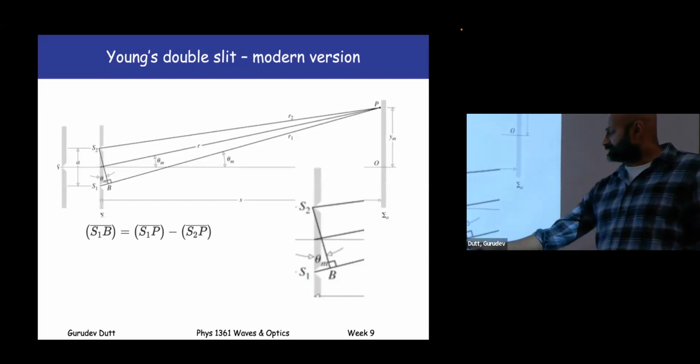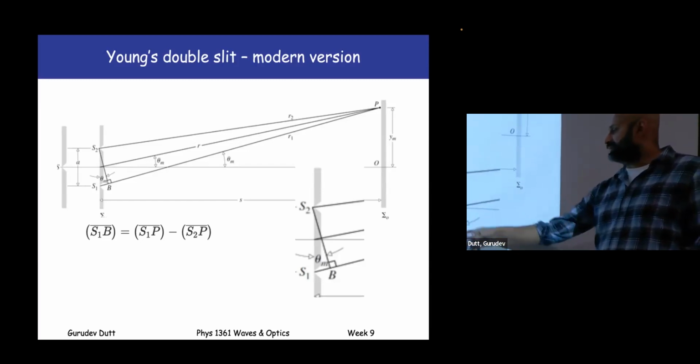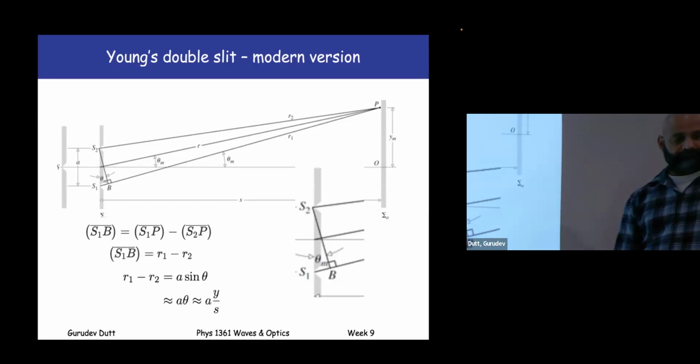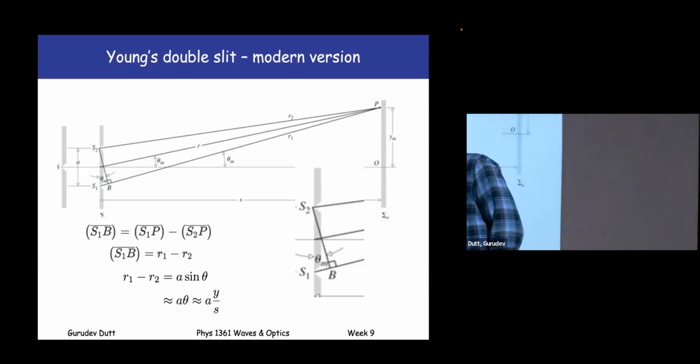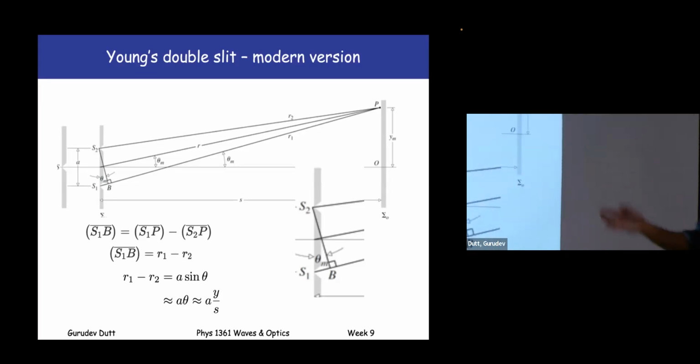And so in this triangle, sine theta is just this distance S1B divided by A, the hypotenuse, and therefore R1 minus R2, which is S1B, is equal to A sine theta. A being the separation between the slits S1 and S2.